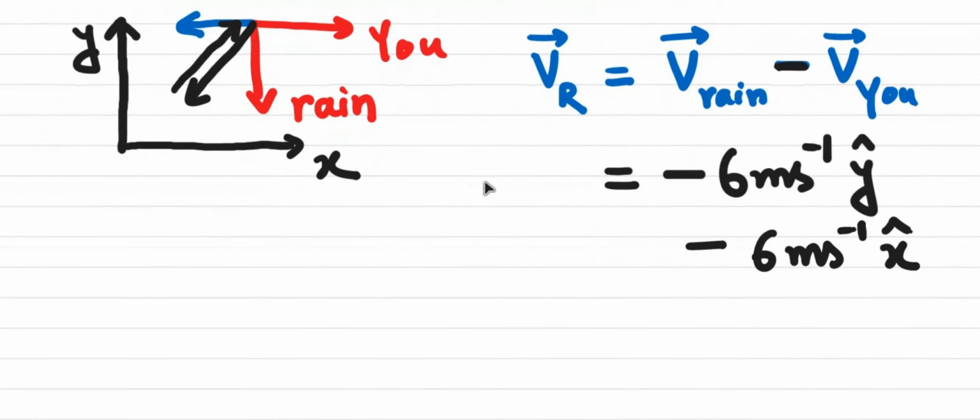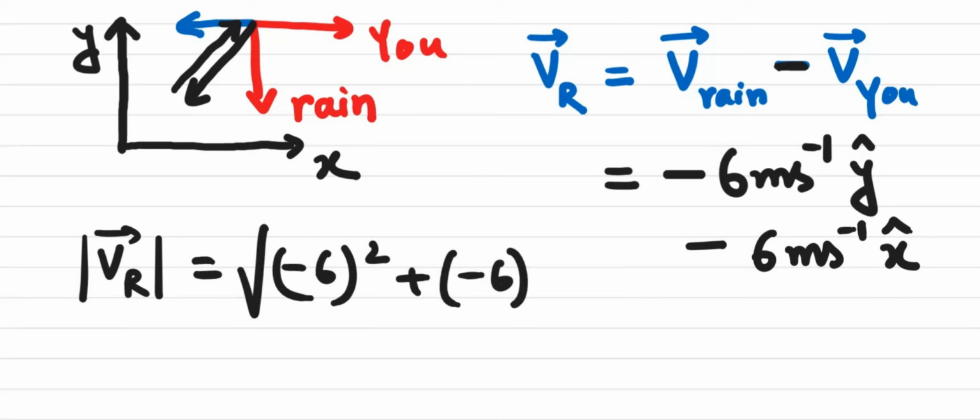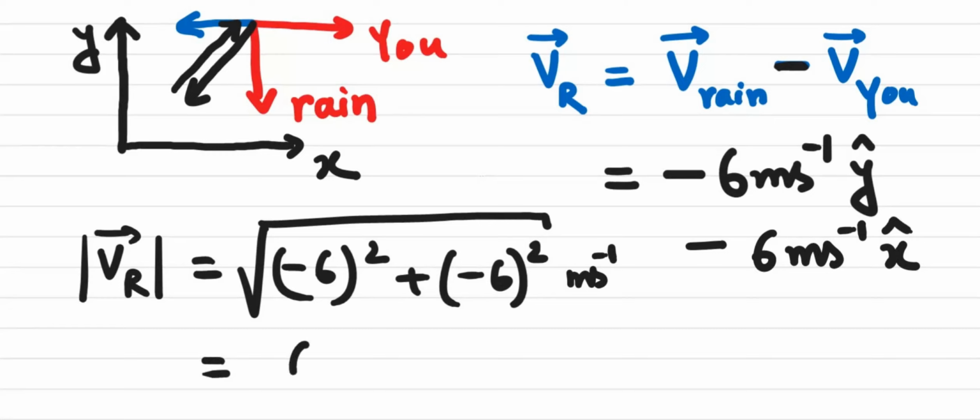Now we have to find the direction. That means we'll have to find the unit vector. As you can calculate, the magnitude of Vr is simply the square root of (-6) squared plus (-6) squared, in meters per second. You have to remember the units, and this is simply 6√2 meters per second.